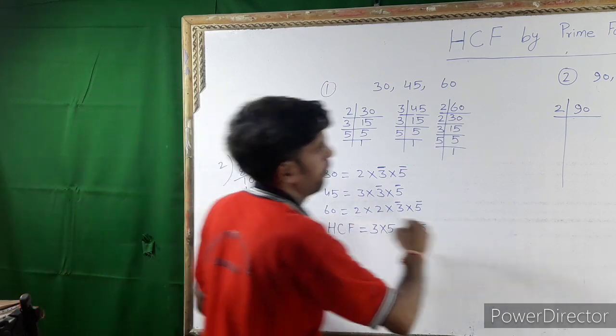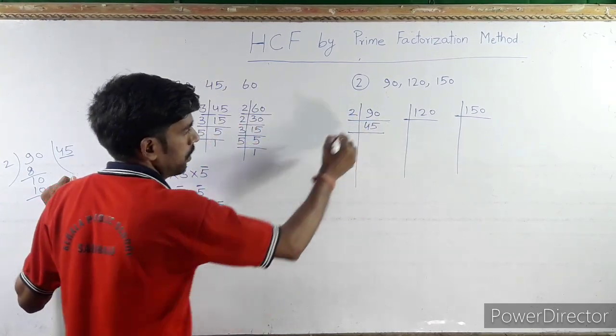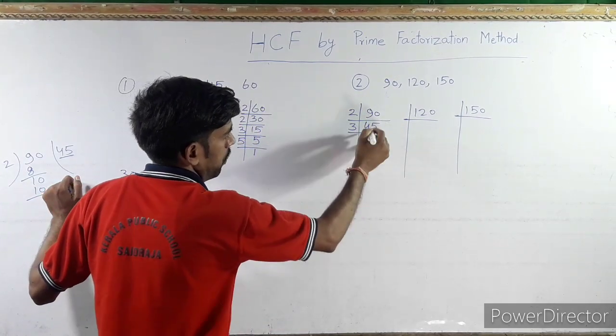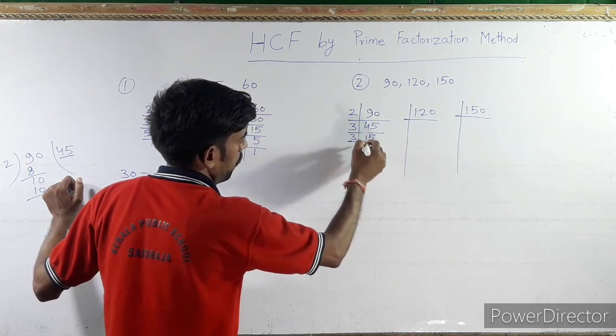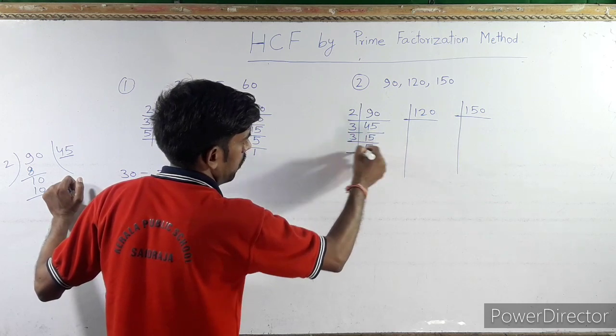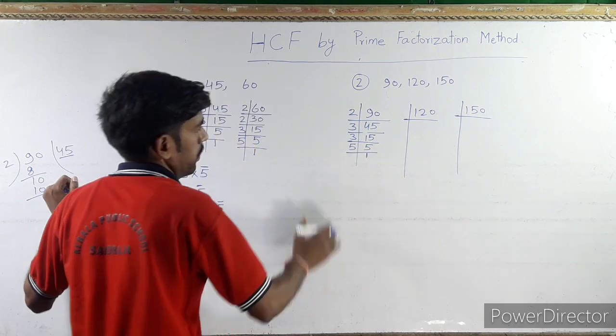So 45 times. Now 45 is divisible by 3. 3 ones are 3, 3 fives are 15. 15 times. 3 fives are 15 and 5 is divisible by 5.